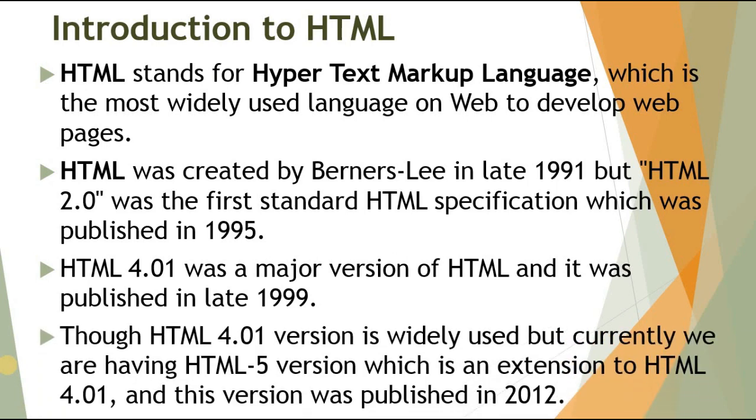Though the HTML 4.01 version is widely used, currently we have the HTML5 version, which is an extension to the HTML 4.01 version, and this version was published in 2012.